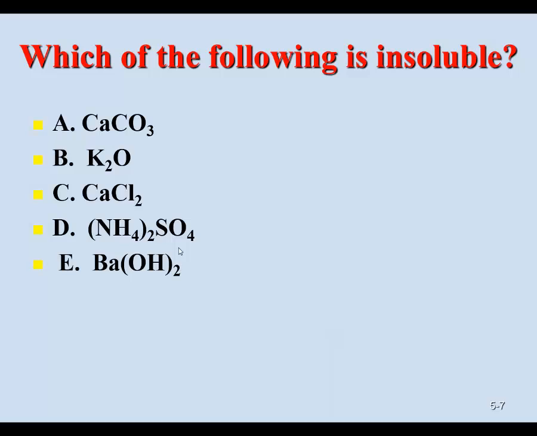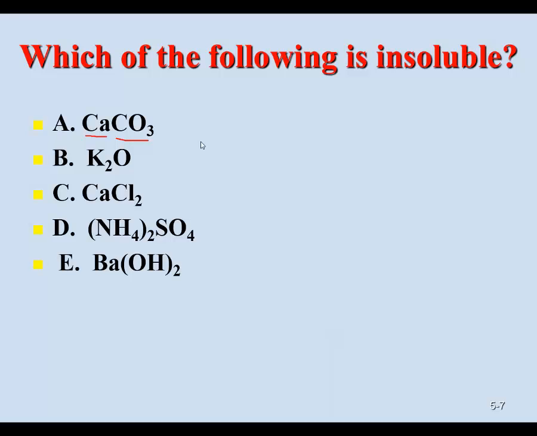So if I look at the following list of compounds and I want to predict which of the following is insoluble, well, I can see that calcium carbonate, calcium isn't on my list of always being soluble. So there's many times where calcium compounds can be insoluble. Also, carbonates are on my list of compounds that are frequently insoluble.